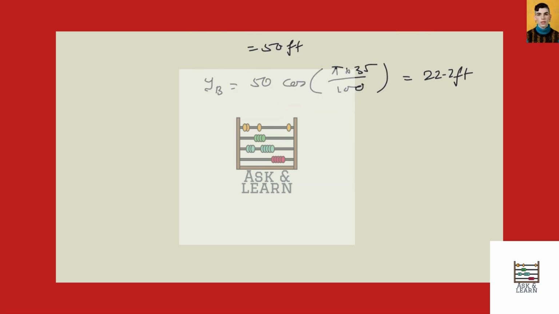Now you have to apply the principle of conservation of energy. So that means you have the kinetic energy at A plus potential energy at A equal to kinetic energy at B, assuming the potential energy is calculated from B. This is half m V square plus m g times y A minus y B, equal to half m V square.